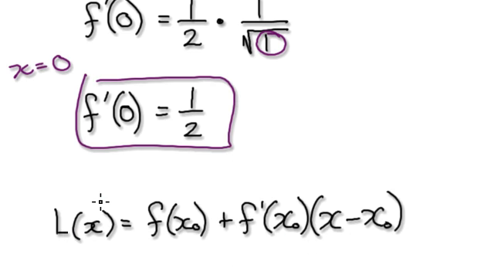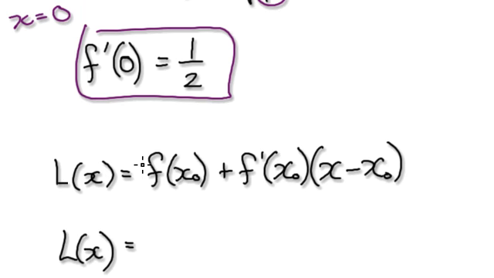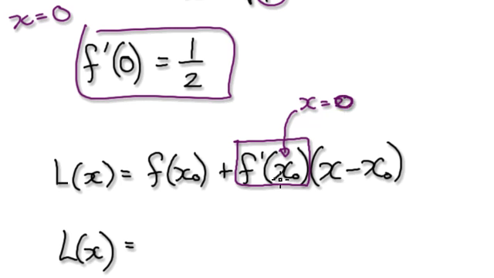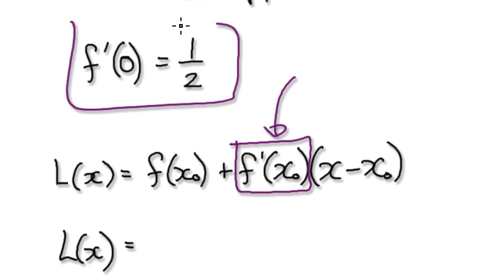Looking back at our formula for the linearization, the equation for that straight line is given by the gradient at x equals 0. This box here is what we just worked out. It's the gradient at the point at which we want to evaluate, which is a half.